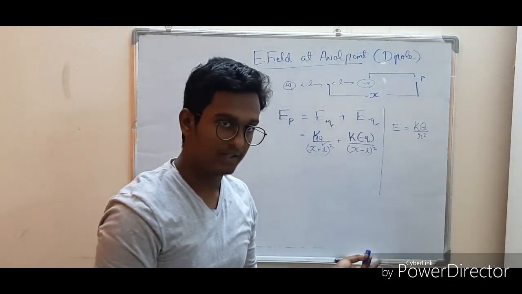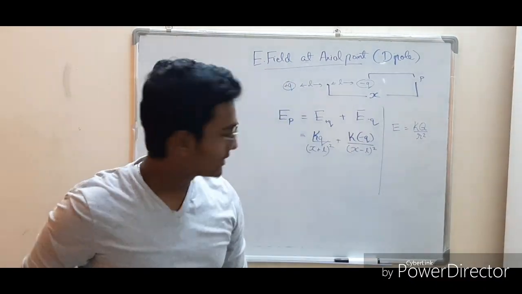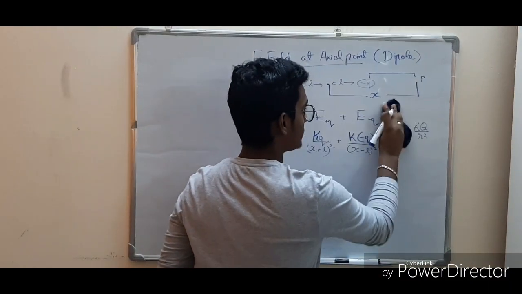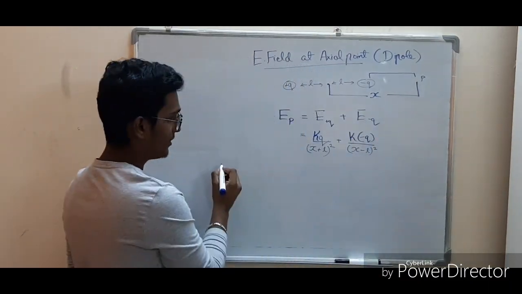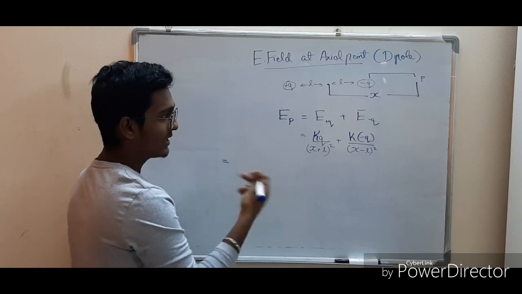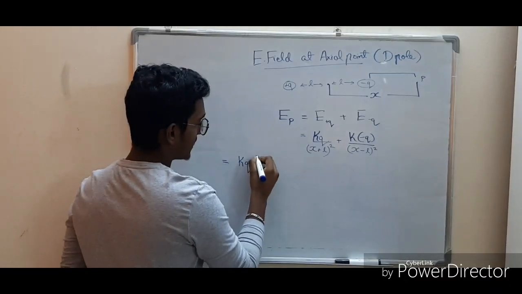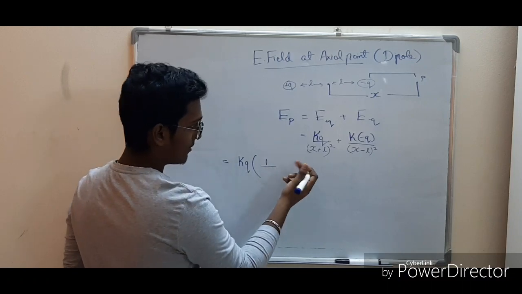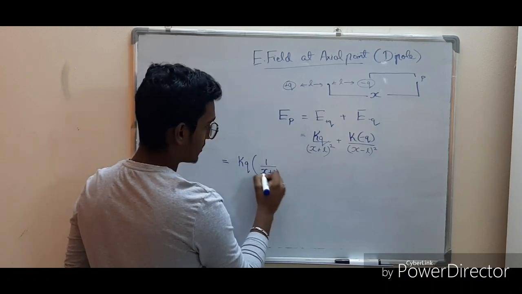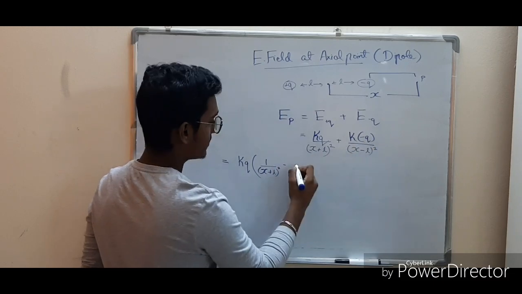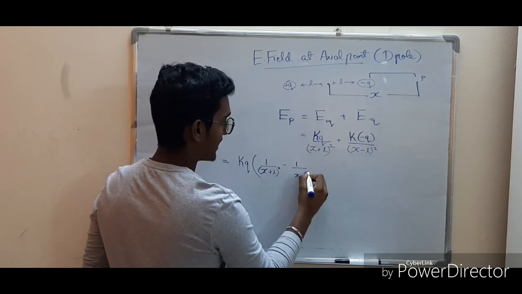Now we have to simplify this, and it's just algebraic. So let's go ahead and try to simplify it. I'm going to start from here. You can take k and q constants outside, kq, and you're left with 1 by x plus L the whole square minus 1 by x minus L the whole square.